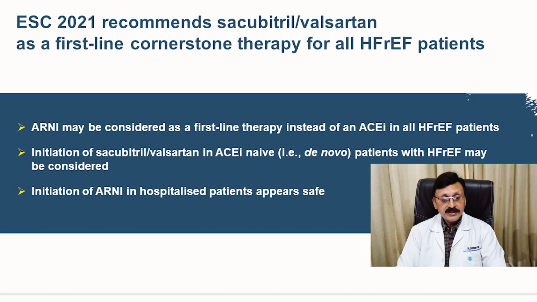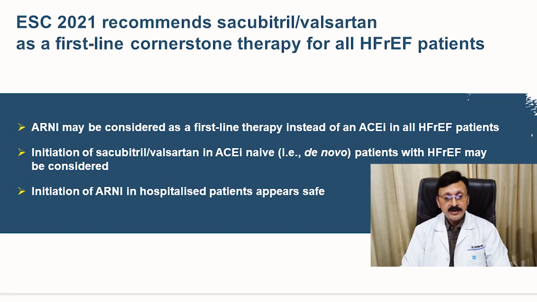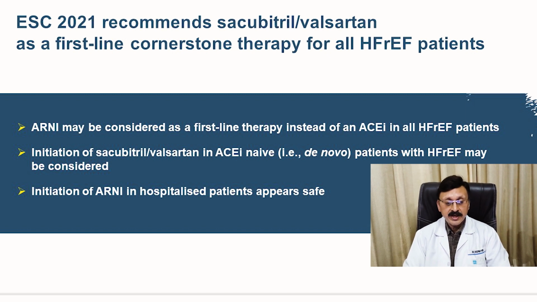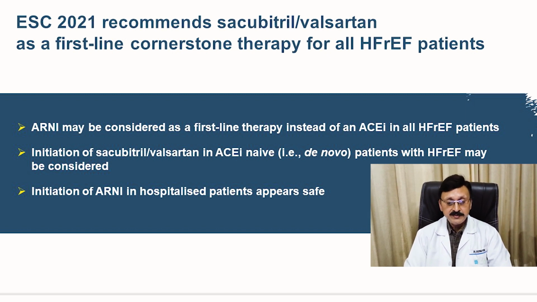Then in 2021, the European Society of Cardiology recommended that ARNI should be given as a first-line cornerstone therapy for all patients with reduced ejection fraction. And it was seen that ARNI may be considered as the first-line therapy instead of ACE inhibitors in these patients.